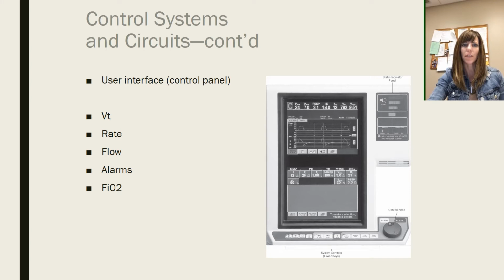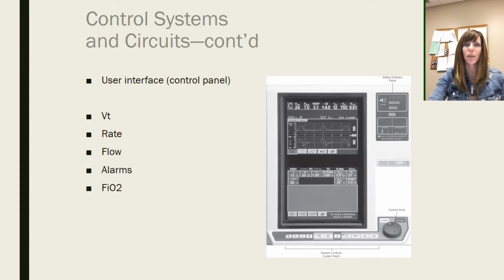The user interface is also called the control panel. It is also called the monitor on the ventilator, but it's where you make the settings. You guys already know how to set a tidal volume based upon ideal body weight, and the rate on a ventilator is going to be anywhere from 8 to 12 based upon the patient's situation and CO2. And then you're going to set an FiO2, again based upon the patient's situation and background.